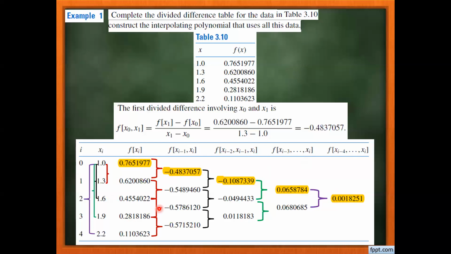But do remember, to generate these values, you need to completely draw this table, because to get this value, you must have this value, and to get this value, you must have these two values. Similarly, we need to plot this whole table.